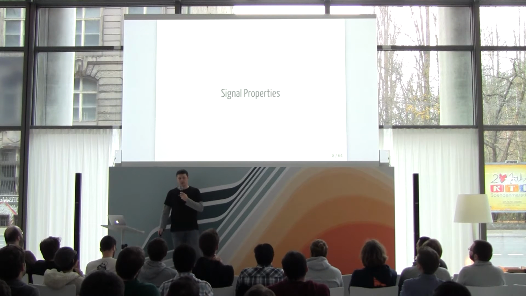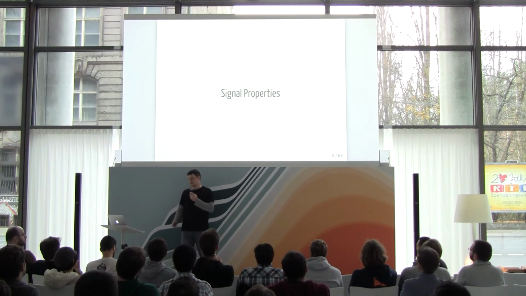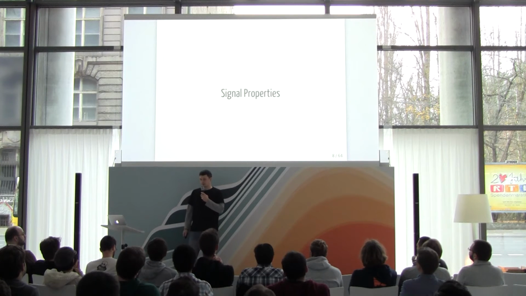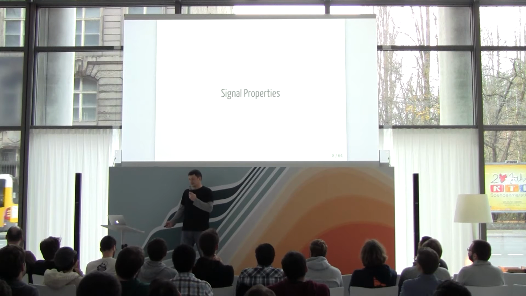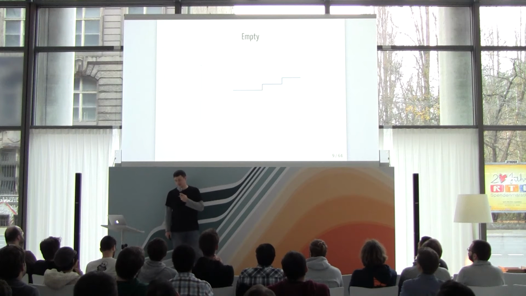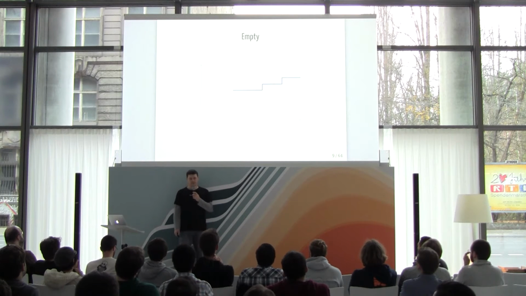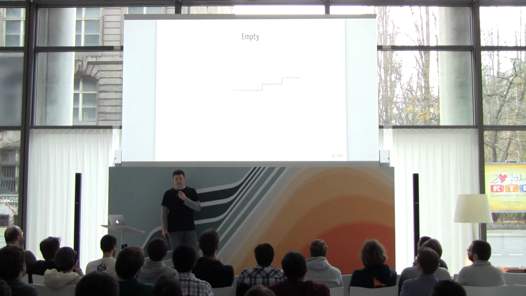Like I said, there are other properties. Some of them go back to the definition of signal, and some are introduced by my implementation. Let's go through it. First, a signal can be empty. This is very useful when we load something from a database or from the network.